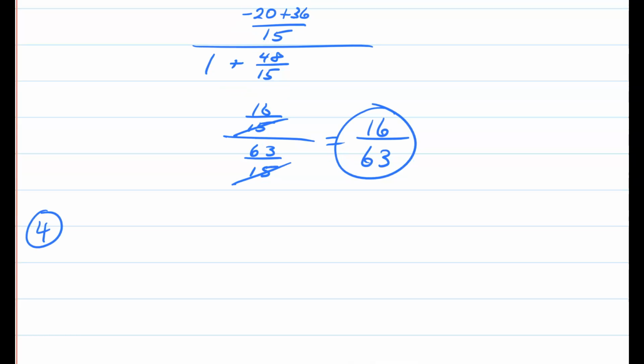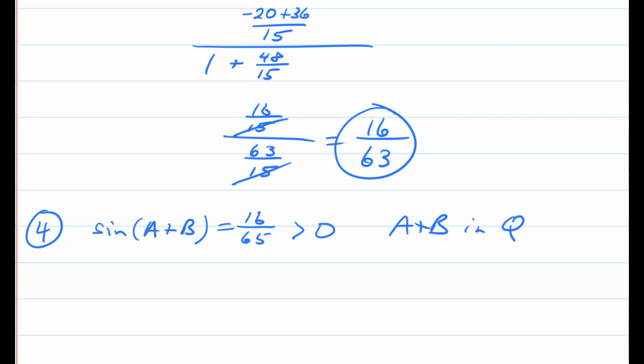Finally, we want to find out what quadrant a plus b is in. We know that the sine of a plus b is 16 over 65, which is greater than 0, which means a plus b could be in quadrants 1 or 2. We know that the tangent of a plus b is equal to 16 over 63, which is greater than 0.